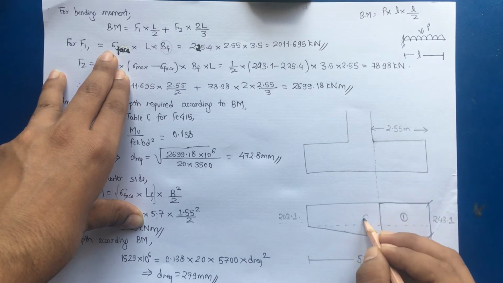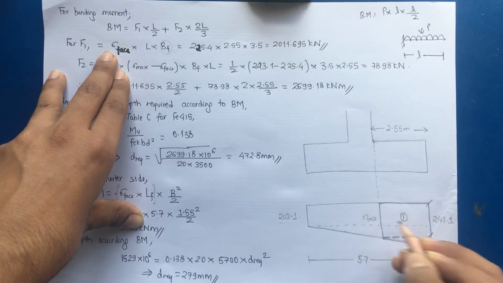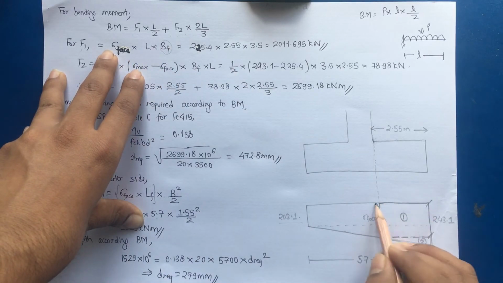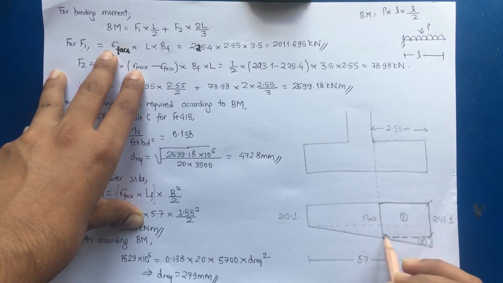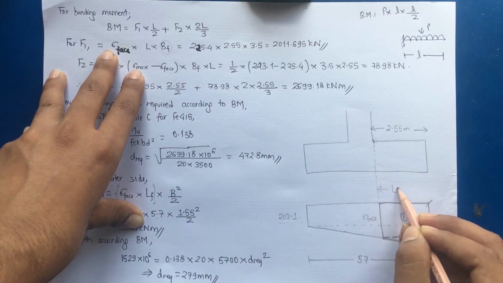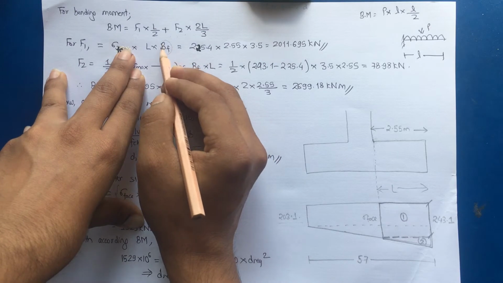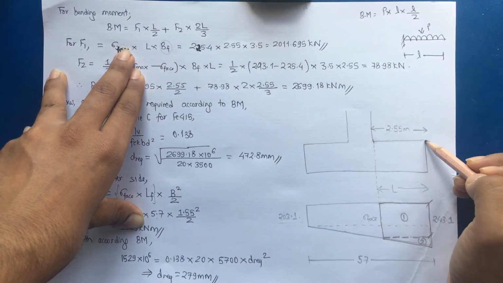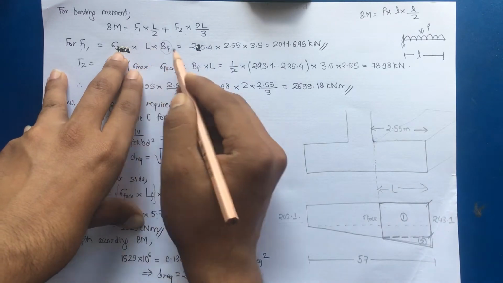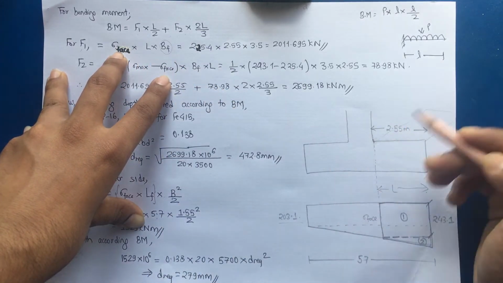So sigma face multiplied by L, the overhang portion, into BF, since it is distributed along the width of the footing. So sigma face into L into width of the section.